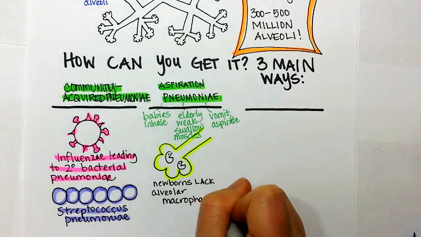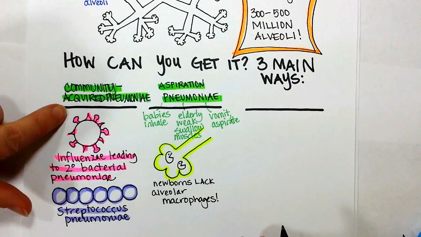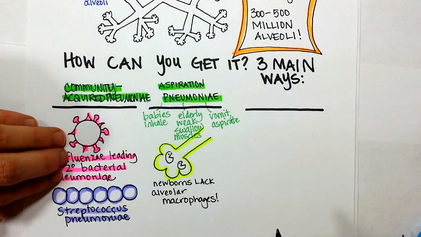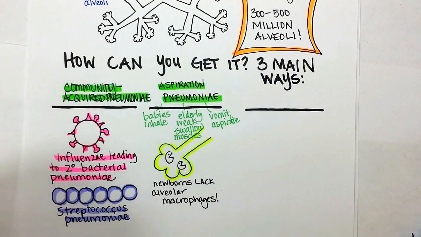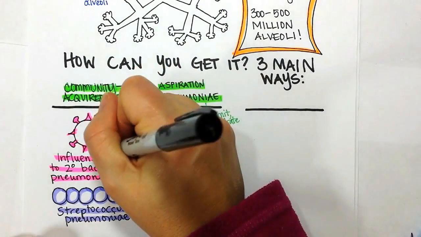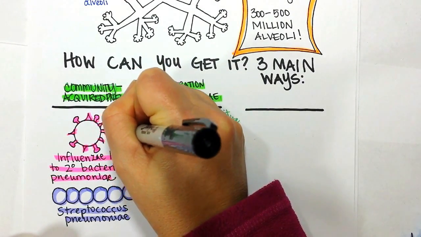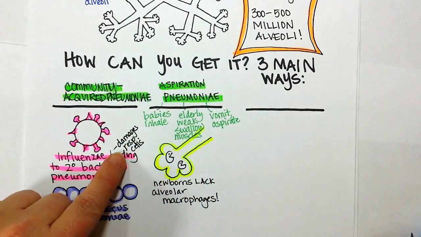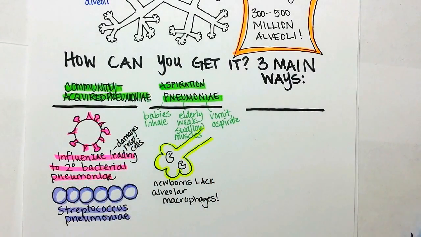I also want to point out here that community-acquired pneumonia is most likely to start with a viral infection that damages the mucosal membranes. So it damages the respiratory cells, and we know that damaged mucous membranes leave us open to bacterial infection. That can lead to bacteria infecting the alveoli, causing inflammation and then pneumonia.